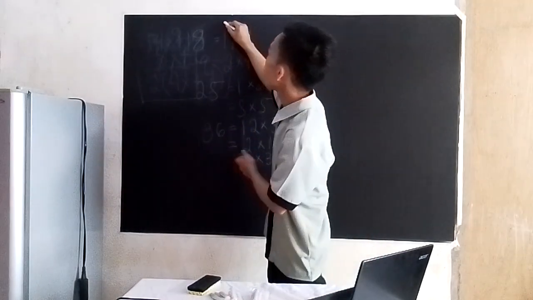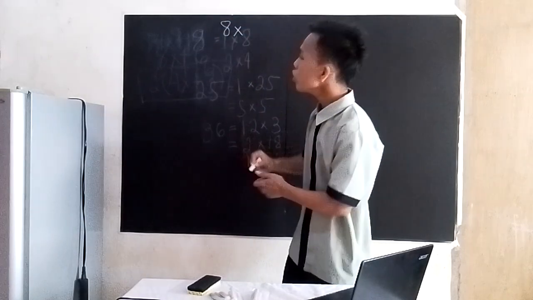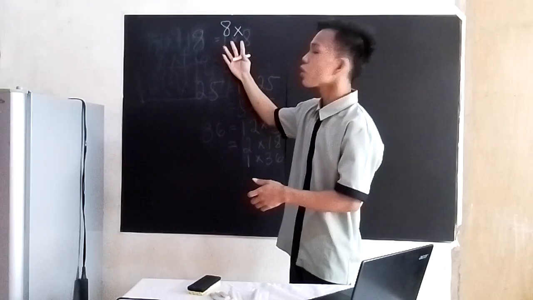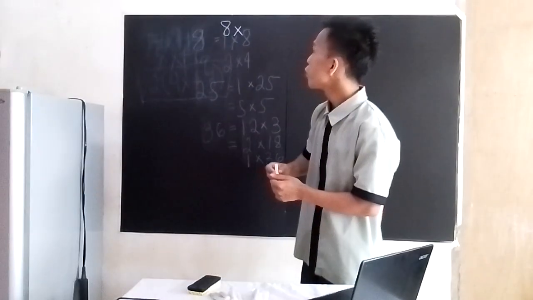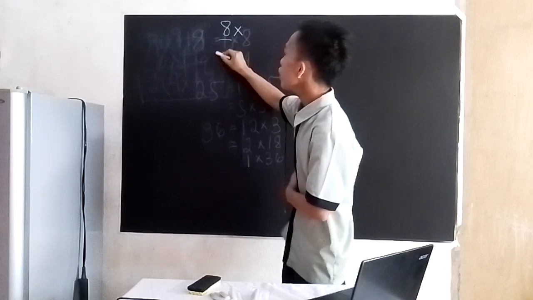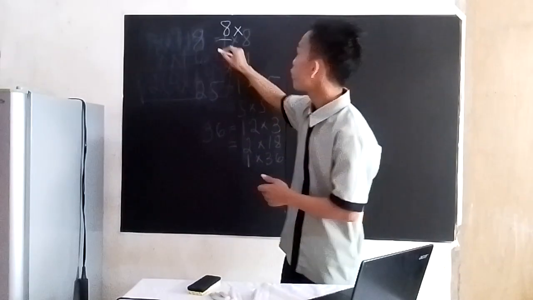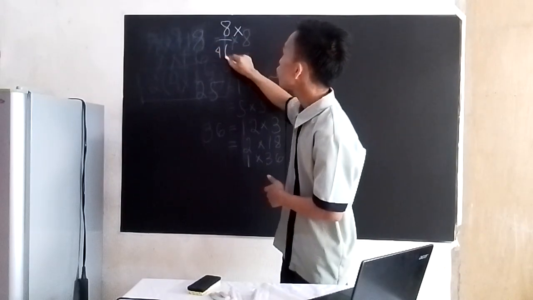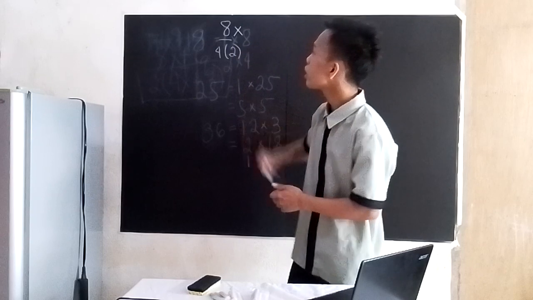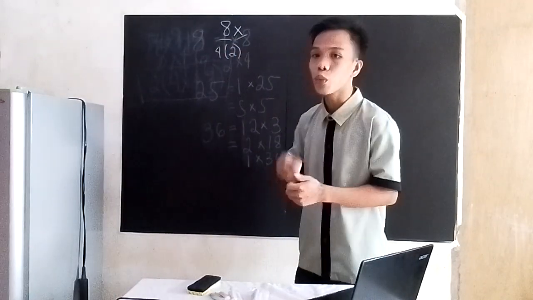For example, you have 8x. When we split these two terms, we can think that 8 has a multiplier and multiplicand of 4 and 2, right? Since we have x, we are just going to copy that.